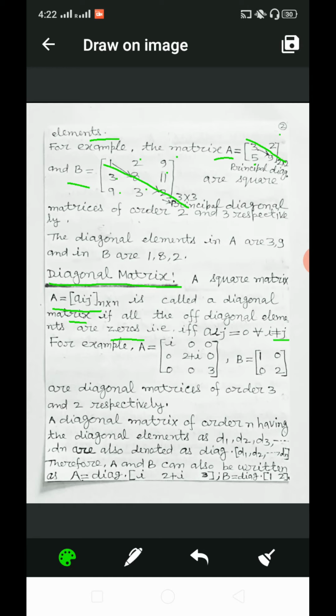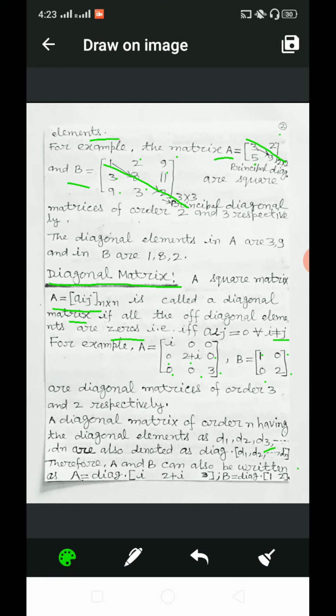For example, a square matrix A equal to i, 0, 0, 0, 2 plus i, 0, 0, 0, 3, and square matrix B having elements 1, 0, 0, 2 are diagonal matrices of order 3 and 2 respectively. The diagonal matrix of order n having the diagonal elements as d1, d2, d3 and so on dn.